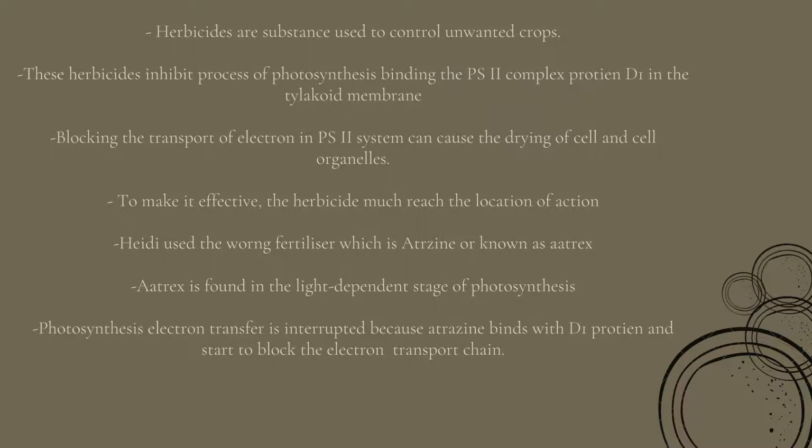Electrons also cannot be harnessed to produce ATP. As a result, the plants lack ATP and glucose to carry out respiration and for growth. To solve the problem, Hedy should stop using atrazine and use a fertilizer that makes her plants grow.